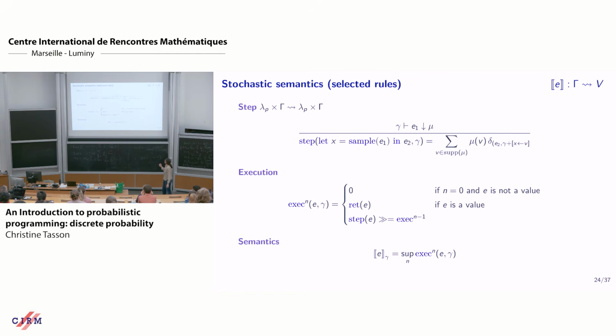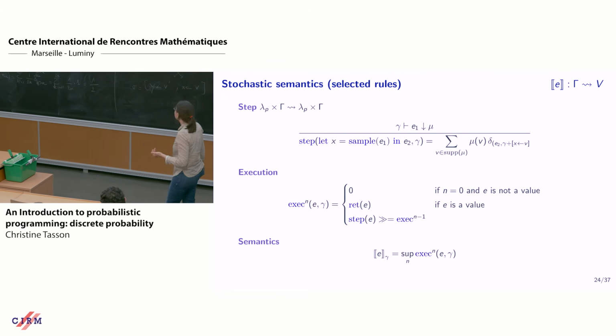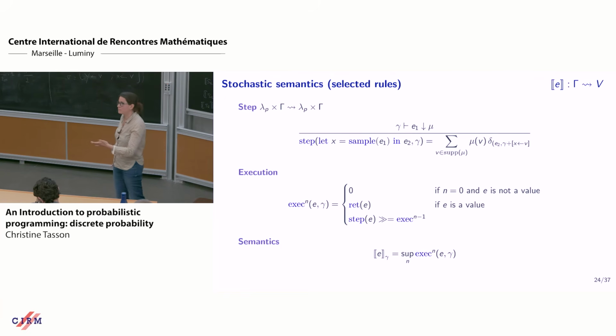If E is not a value and n is equal to 0, then the probability distribution that I get after 0 steps, starting from E gamma, is 0, because it's the probability of getting a value. Now, if E is a value, the probability of getting a value after at least n steps of evaluation is just the return on my expression E, which is a value.